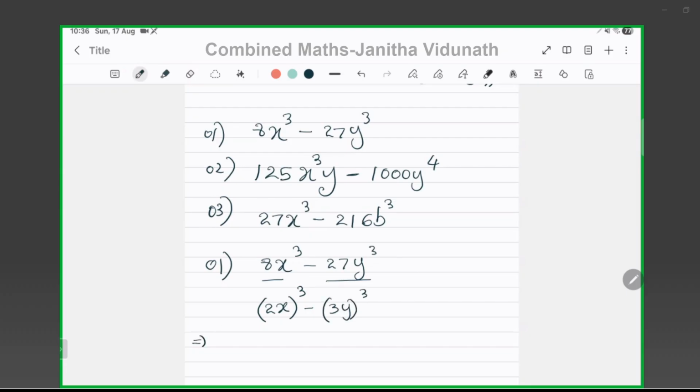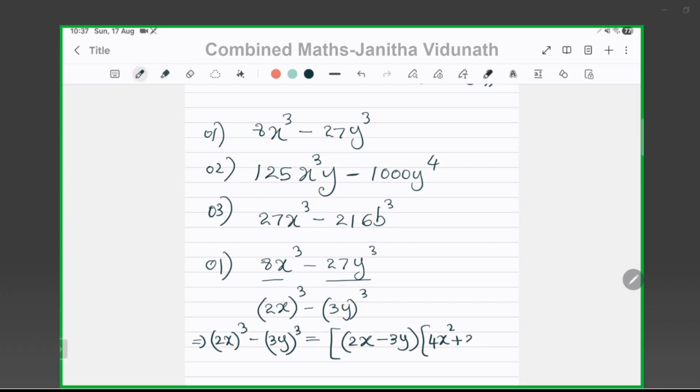Then we can factorize this. We can write this as first term minus second term, times the square of the first term plus the multiplication of those two terms.